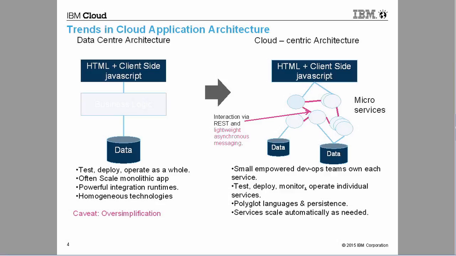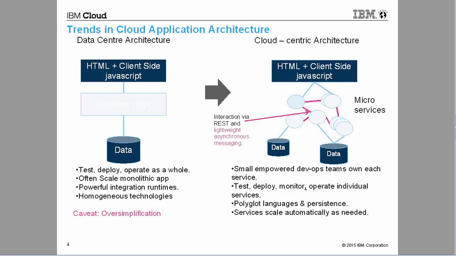Each service can have its own data residing anywhere, on cloud or on-premise too. The cloud-centric architecture also gives you service scalability that is automatically applied for the application, so there's no need to manually do any sort of scaling.